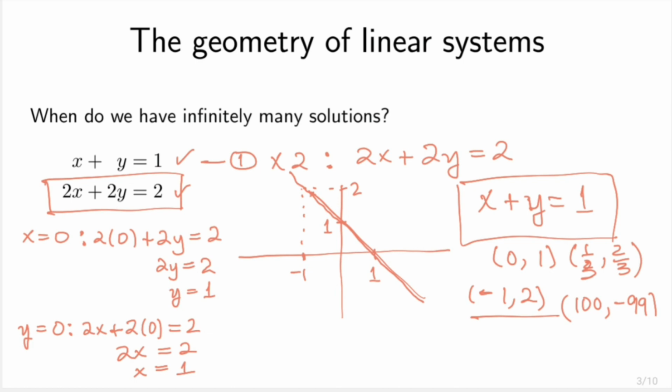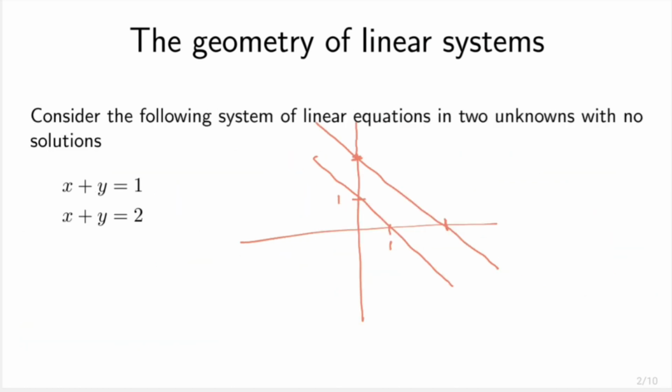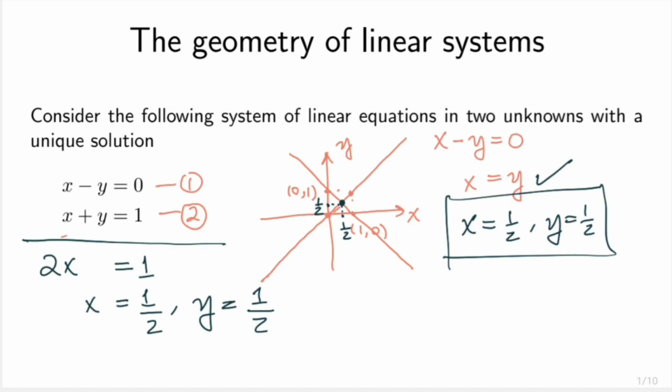We have a situation, this one, where we have no solutions. And then we have another situation where we have exactly one solution. These ideas can be extended to when we have more than two equations, when we have three or four or five, as many equations as we want.